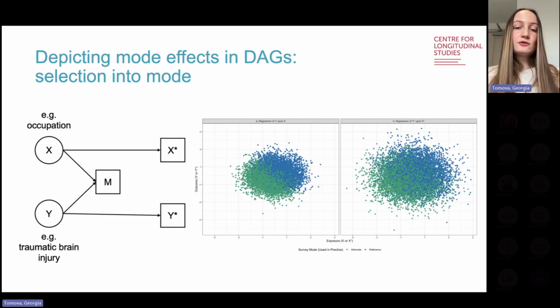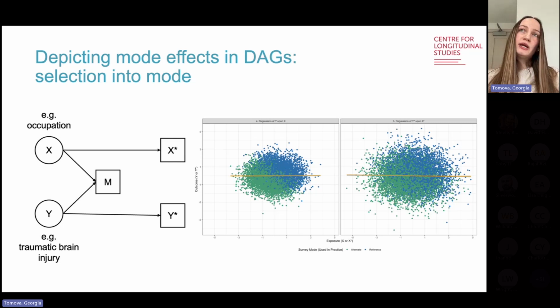And indeed, if we simply looked at the relationship between the underlying X and Y and then the measures that we've got of the exposure and the outcome, we see that we estimate the same relationship, which in both cases is a flat line. So there's no relationship between these two.